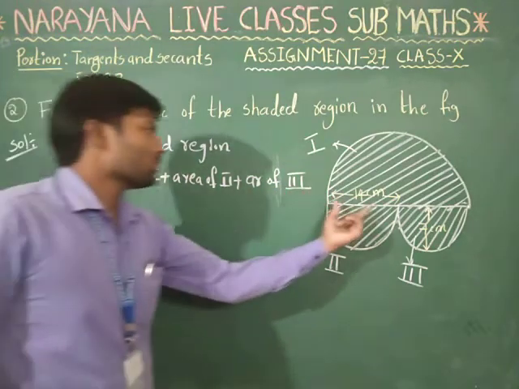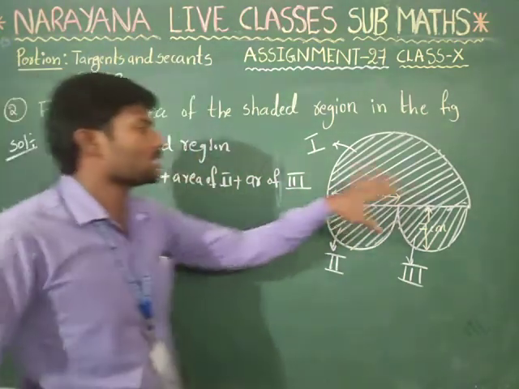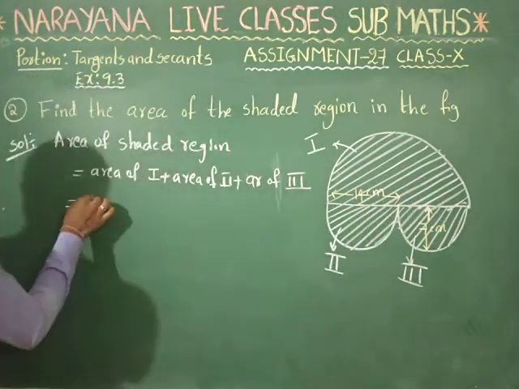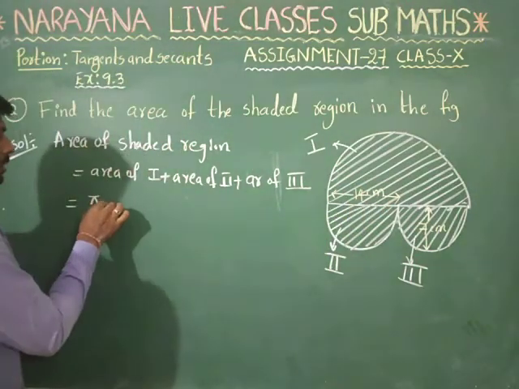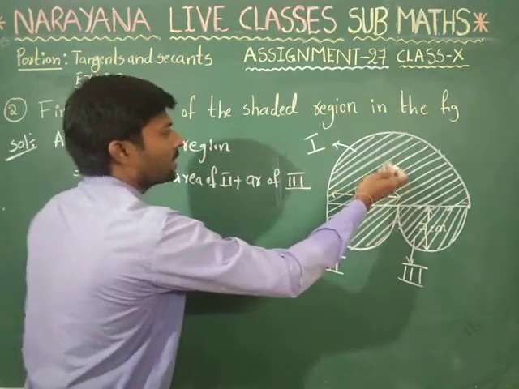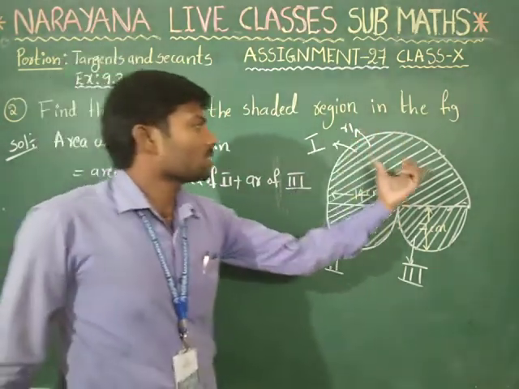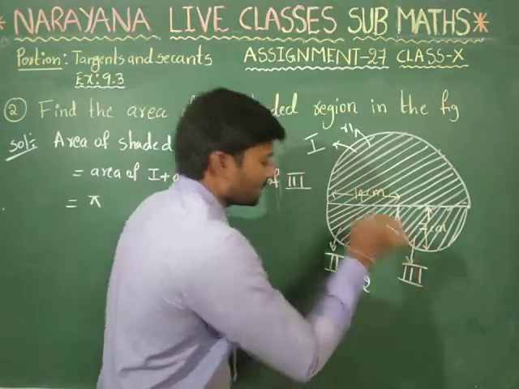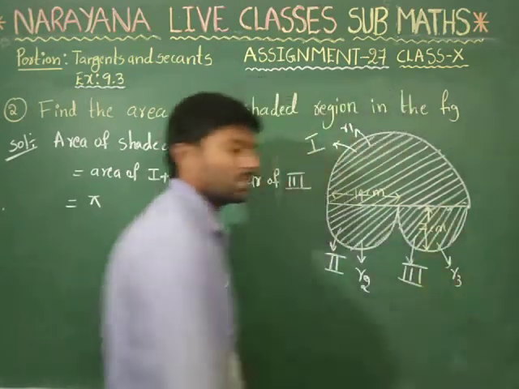Now, if you take the area of the first part, the area of a circle is pi r square. This is a semicircle, so the area of a semicircle is pi r square by 2. Let me take this radius as r1. So r1 is the radius of the big semicircle, this is the radius of the second semicircle, and 7 centimeter is the radius of the third semicircle, that is r3.